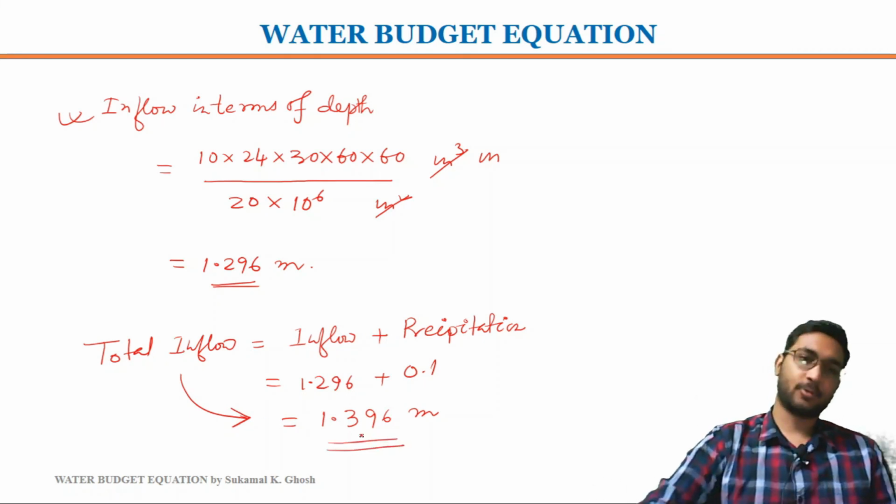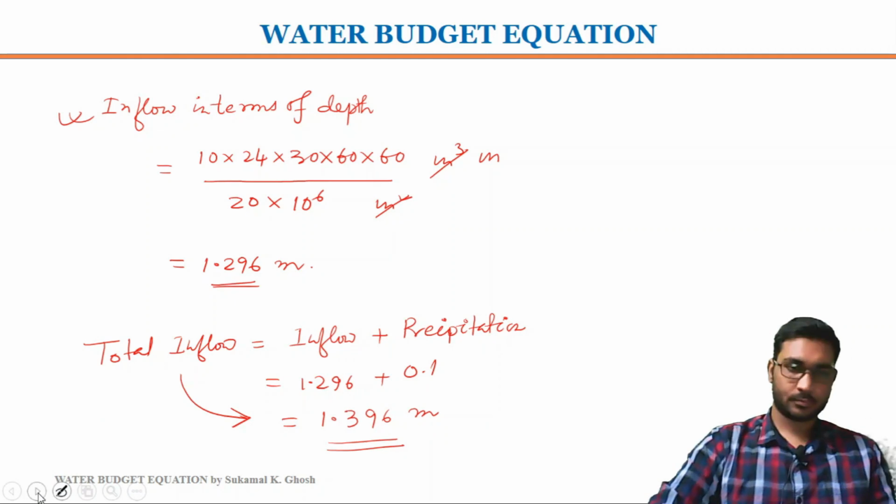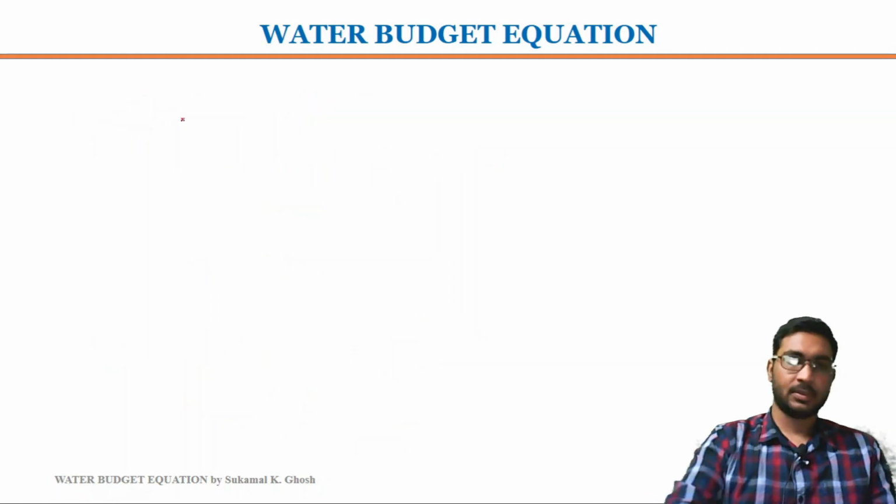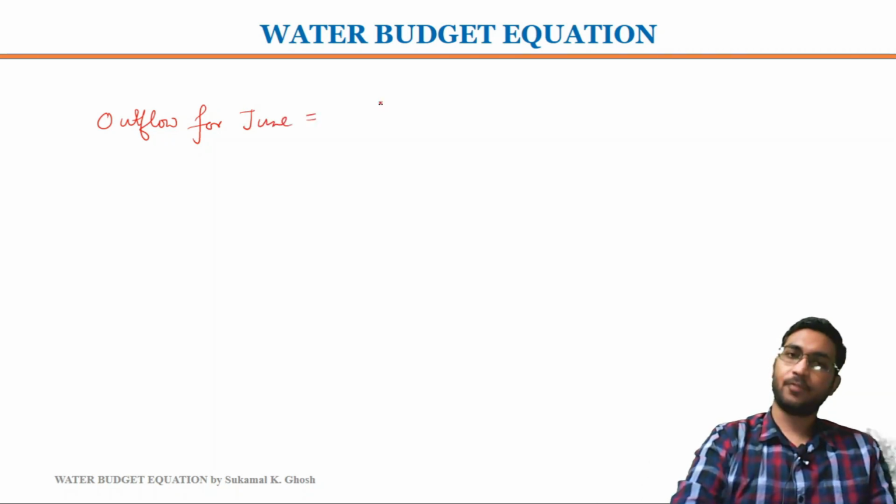Now we need to calculate the outflow for June. What will be the outflow?